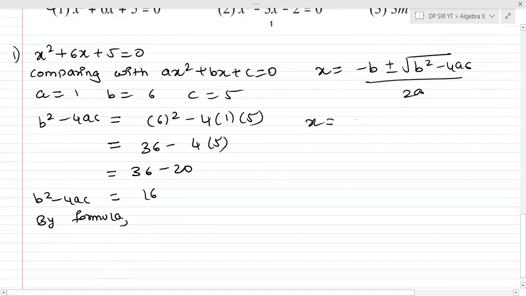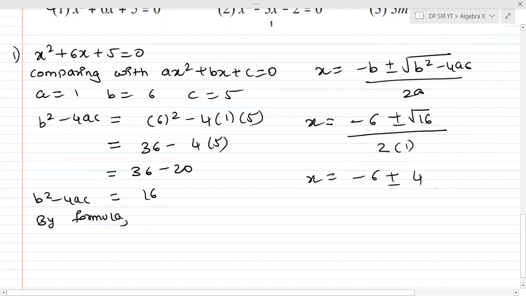So x is equal to, what is minus b? Minus b is minus 6. So minus 6 plus or minus under root of b square minus 4ac, whose value we have already found is 16, so don't solve again. 2a, the value of a is 1, 2 into 1, so x is equal to minus 6 plus or minus root 16, which is 4, upon 2.